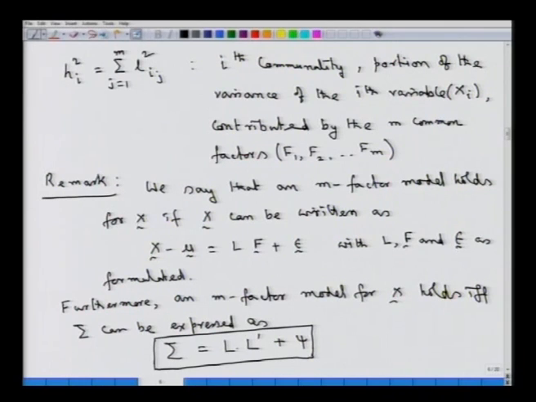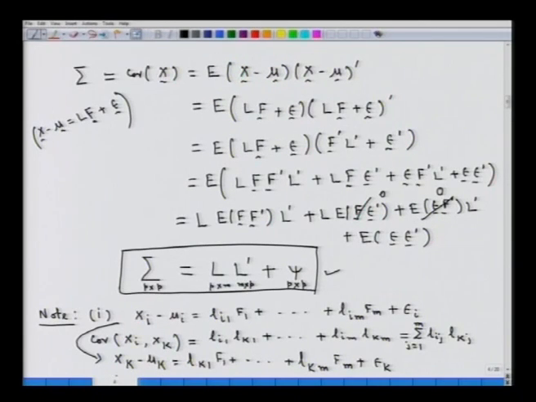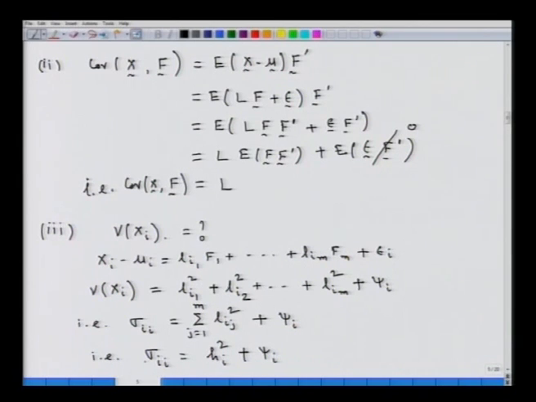Furthermore, if we look at this L matrix, the factor loading matrix, in note 2 we had seen that the covariance matrix between x and the f vector is equal to the L matrix, our p by m matrix. So the covariance between xi and fj is nothing but Lij, the ijth element of this L matrix.